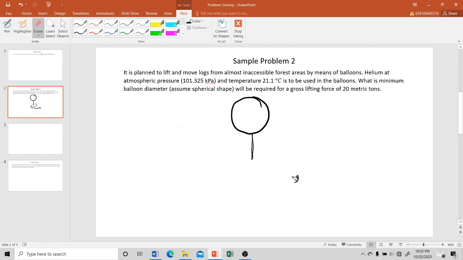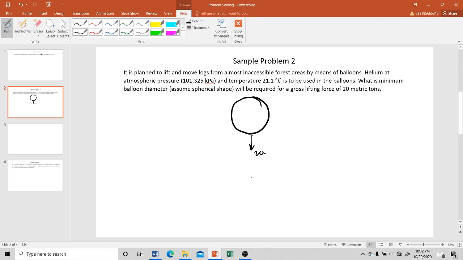For the system to be in equilibrium, if we cut this tie, there is an upward 20,000 and a downward 20,000. So let us just consider the balloon.